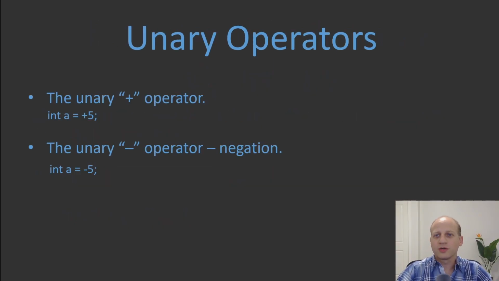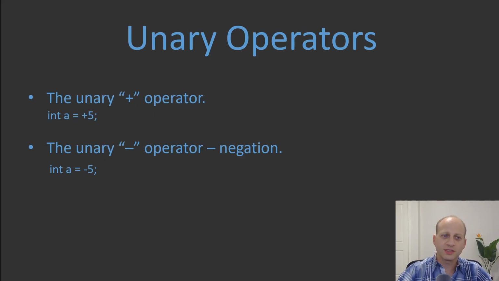In addition to the operators we've just seen, there are unary operators that work on a single operand. To start with, let's look at the following two operators that are very simple but still operators, and I would like to mention them. The first one is plus, which actually doesn't change the value of its argument.